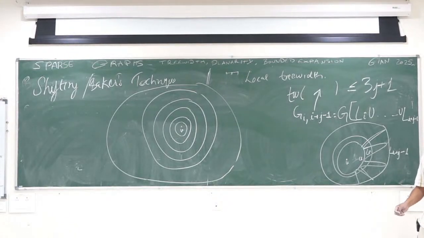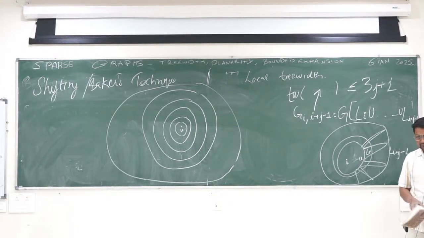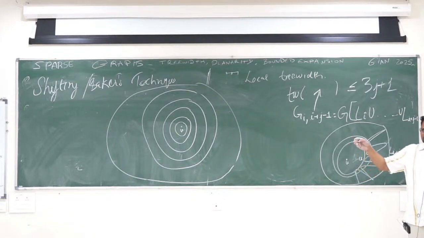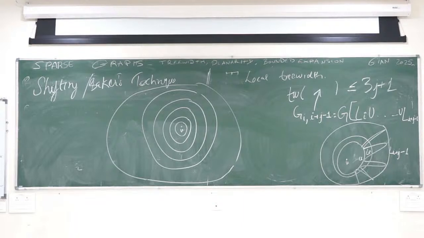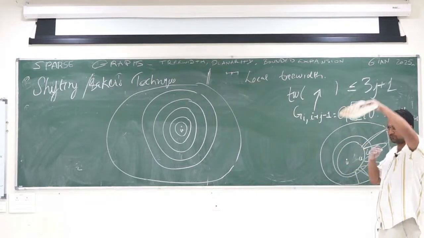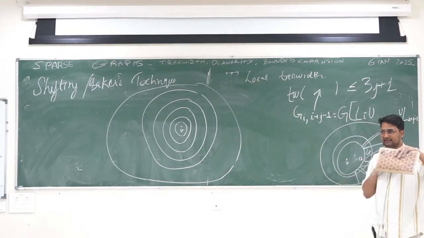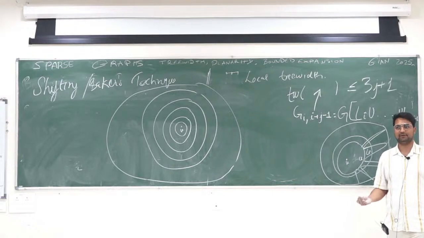So what this is saying is that you not only have to take the layers centered around the vertex directly, but you can go to any layers of the BFS, you pick any layers, and they still have bounded treewidth.